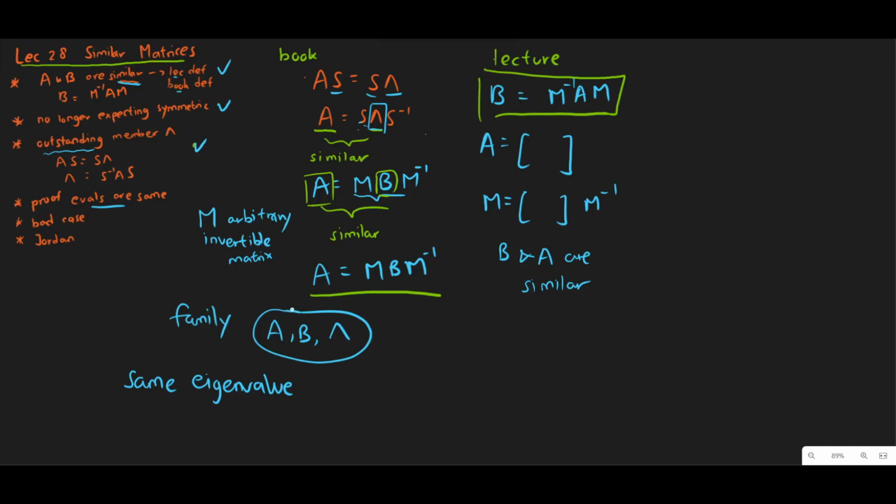Remember that the first characteristic of being in the same family, of being similar, is that they have the same eigenvalues, but this alone is not enough. I will tell you more about that in part 2 when we talk about the bad case and the Jordan form. But first, one requirement of similar matrices is that they have the same eigenvalues. So let's run an example. Let's say A is 2 1 1 2.